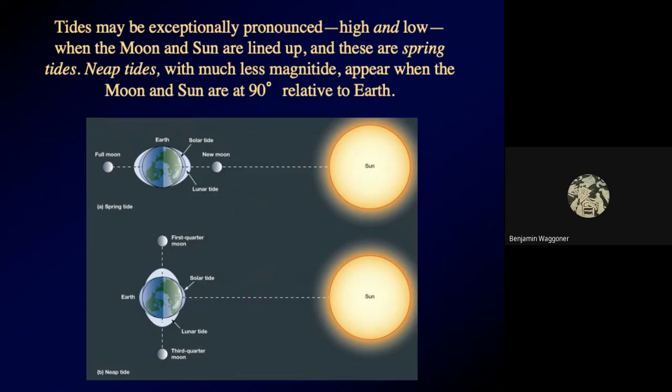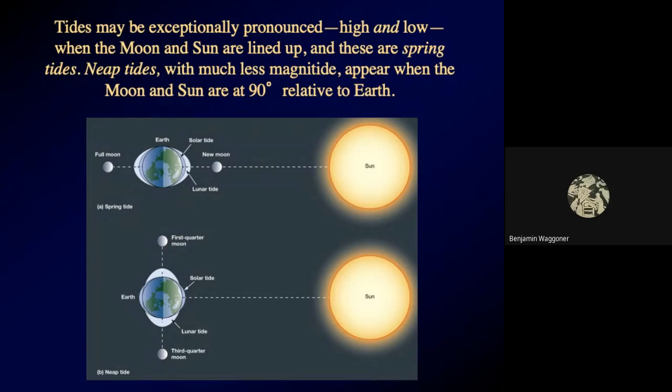When the moon and the sun are at 90 degrees, they're not pulling along the same axis. They're pulling at right angles to each other. And that means that the lows are not nearly as low and the highs are not as high. And we call those neap tides. Neap is an old English word for to fade, to diminish.